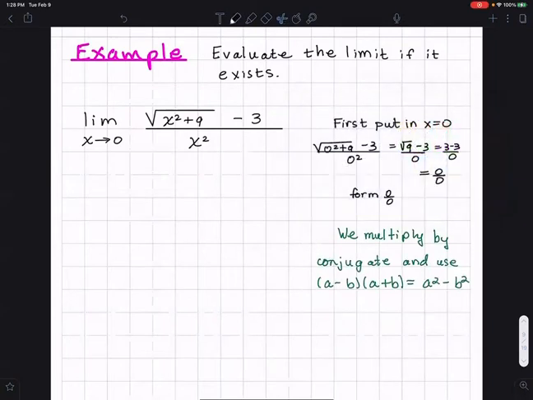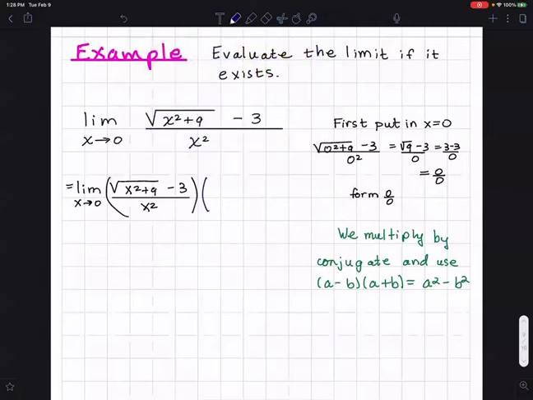Okay, so let's check this out. What do I mean by multiplying by the conjugate? I am going to look at this radical, and the radical has a difference. It's radical x squared plus 9 minus 3. And what I mean by the conjugate is the same thing, radical x squared plus 9, but this time plus 3.